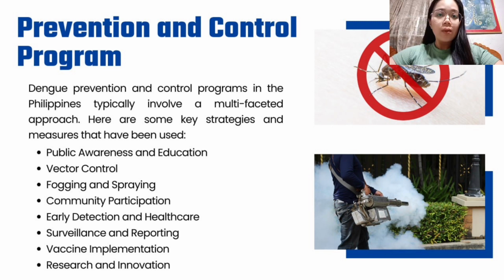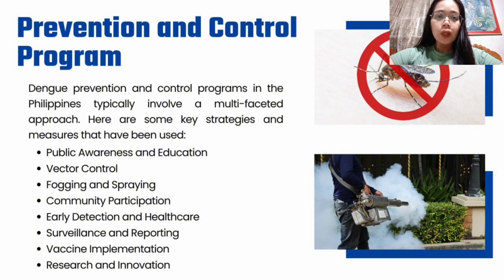Seventh, vaccine implementation. In some cases, dengue vaccines have been introduced as part of the prevention strategy. Eighth, research and innovation. Ongoing research into dengue prevention and control methods, including the development of new tools and technologies.